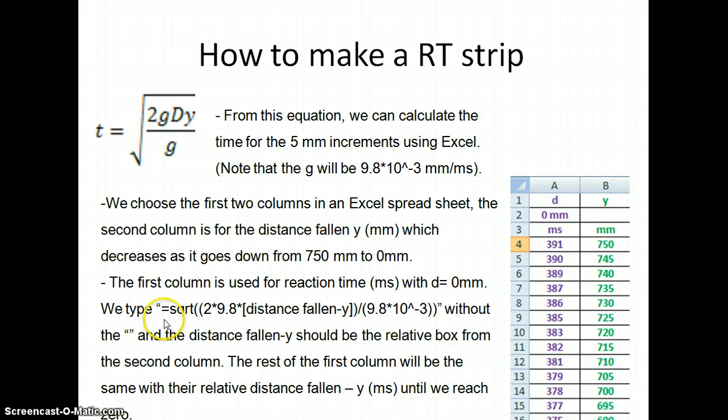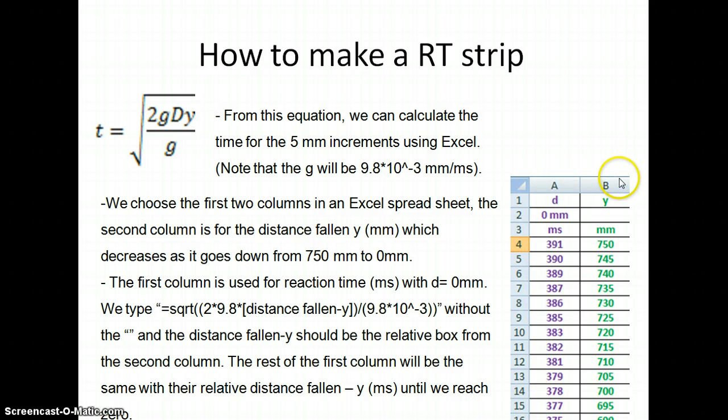We type equals square root of 2 times 9.8, and input the value for the distance fallen y here, and then all of it divided by 9.8 times 10 to the minus 3. The distance fallen y should be the relative box from the second column. The rest of the first column follows the relative distance fallen y in milliseconds until we reach 0.